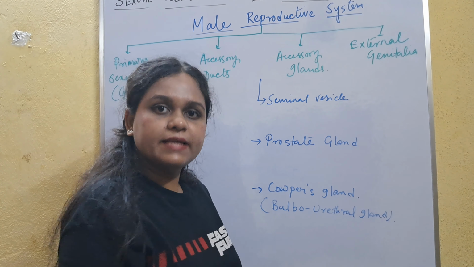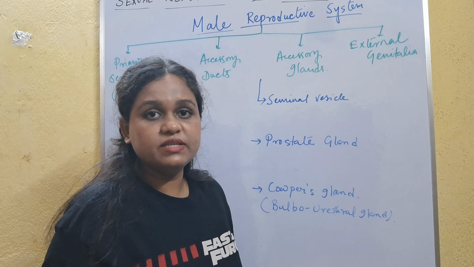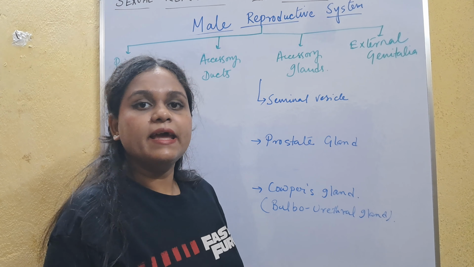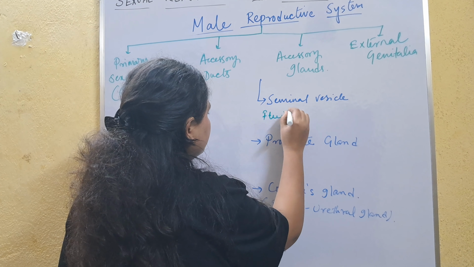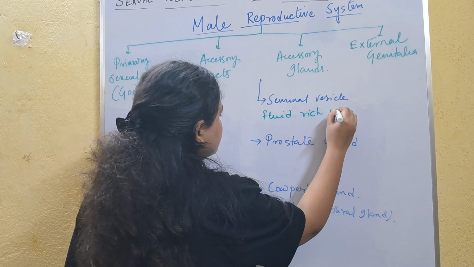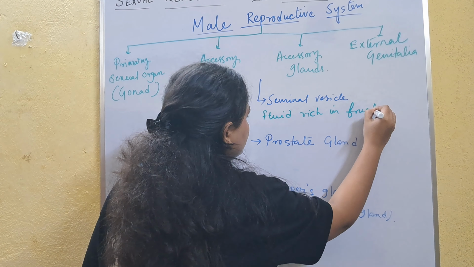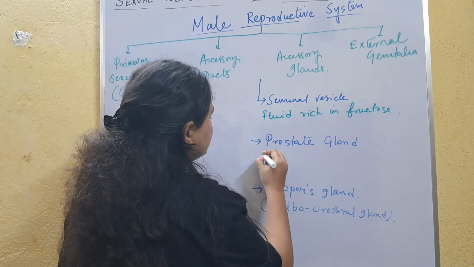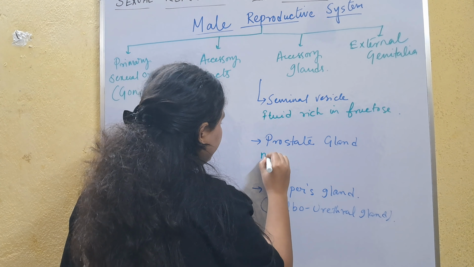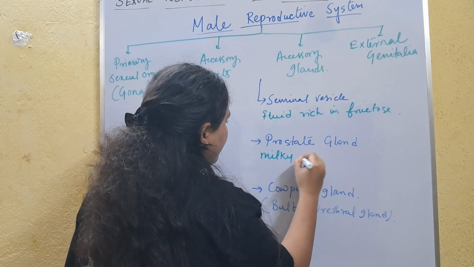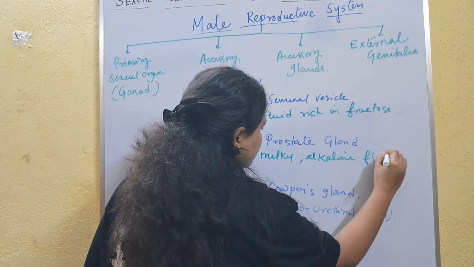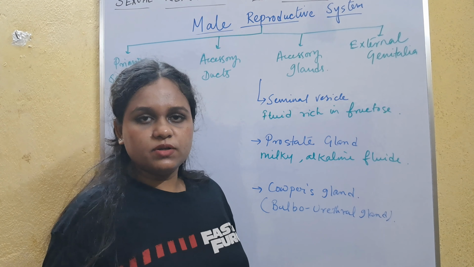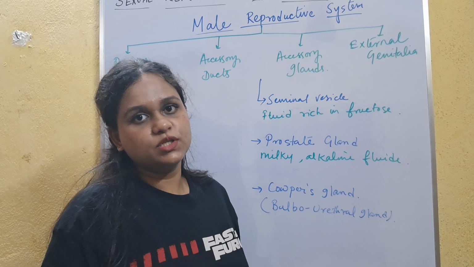So, this seminal vesicle produces a fluid which is rich in fructose and energizes the sperm. The prostate gland produces a milky alkaline fluid which is responsible for the alkaline nature of the sperm.